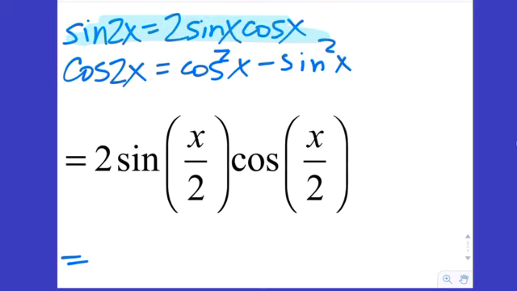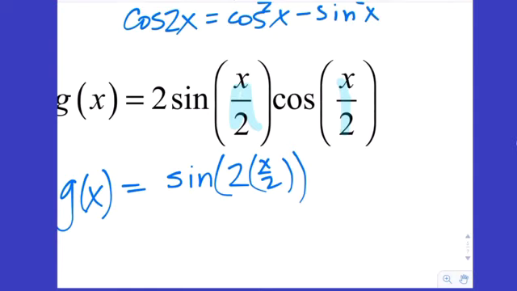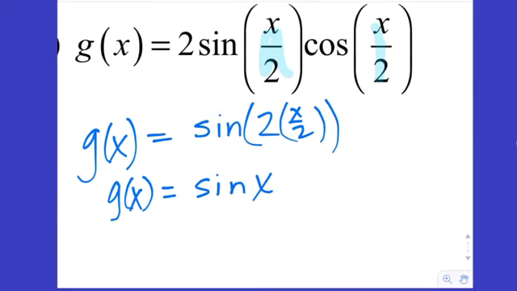So that's equal to sine of twice the blob. And what's my blob up here? X halves. Well, let me simplify that carefully. What's 2 times x halves? Sine of x. Oh, now it looks like a nail.